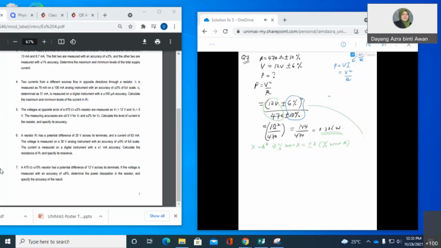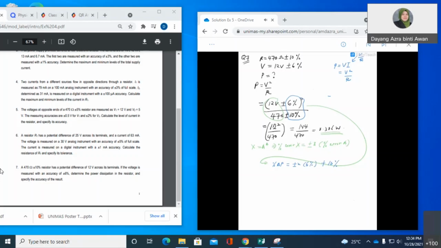From here, we can write it in blue color. So we have the percentage error of P equals plus minus 2 multiplied by 6%, plus the 10%.